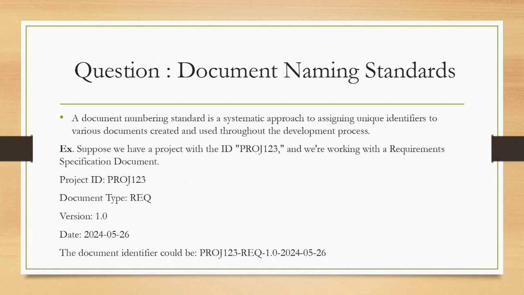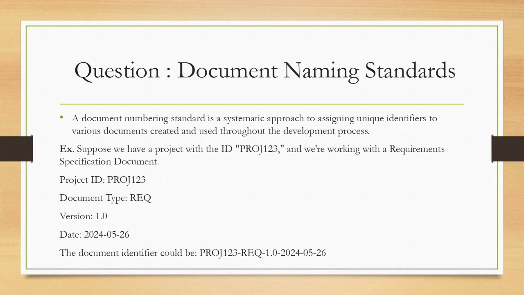If they come up with a few more updates, then the version will become 2.0. So for now 1.0 is the version, and then the date. You need to mention the project name without any gaps in between, okay. So for example, for this project, PROJ 123, you can use dashes, or else underscore, and REQ underscore 1.0, like the version, and the date, okay.